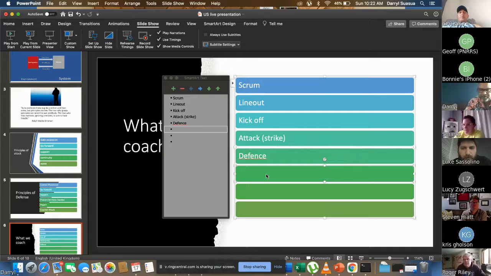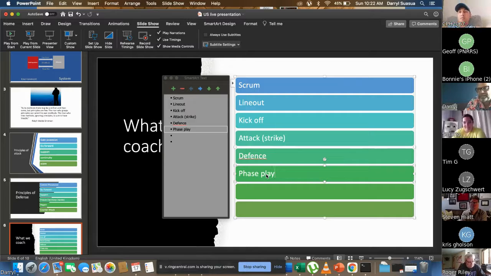So what we're coaching in this area is our phase play. So we can have systems, or what do we call it? Our attack systems. Are people familiar with something like a 1-3-3-1 shape across a field? Yes.